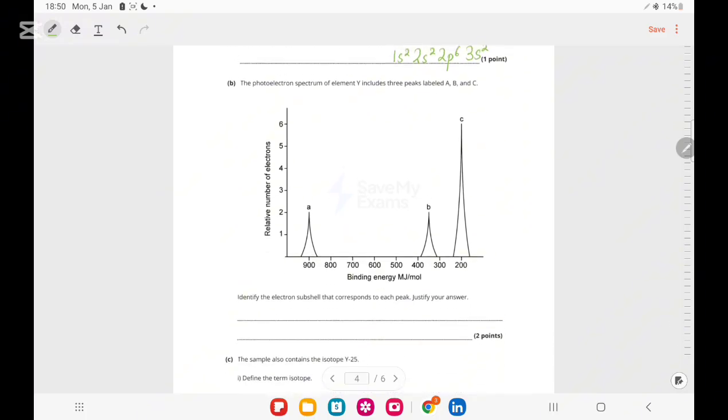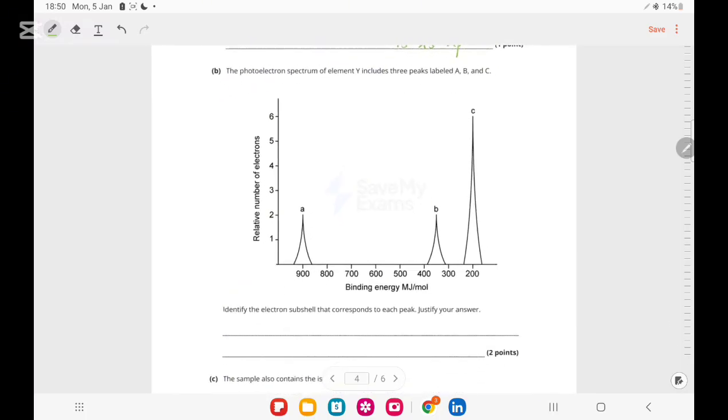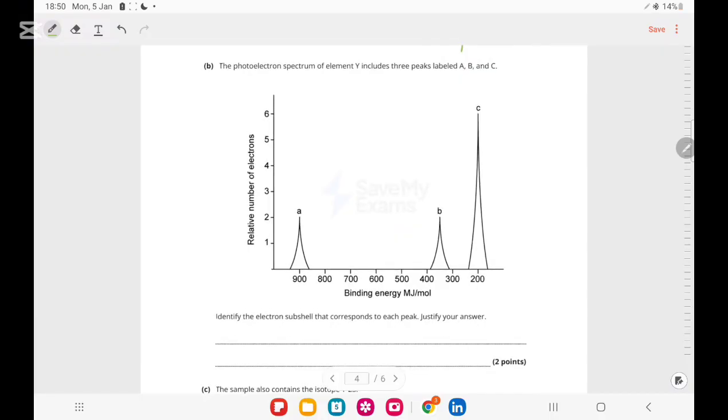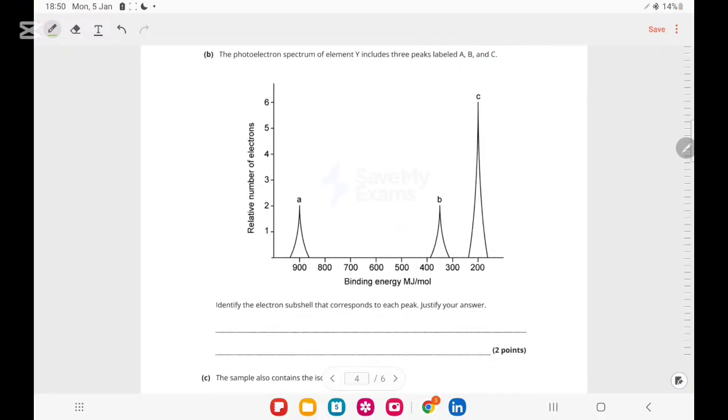Now, by seeing the photoelectron spectrum, there are 3 peaks which are labeled as A, B, C. Identify the electron subshell that corresponds to each peak. You can see that it has 2 electrons, and its binding energy is maximum. So the shell closest to the nucleus has maximum binding energy.